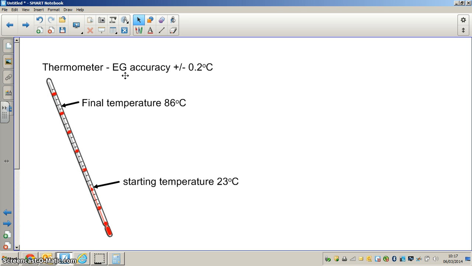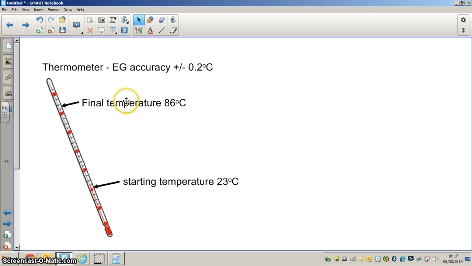So there's a bit of a trick to this one, because often when you use a thermometer you actually read the temperature twice. You take the starting temperature, and in this case I'm saying that it's 23 degrees centigrade, but that could be something that you were either given or you measured for yourself.